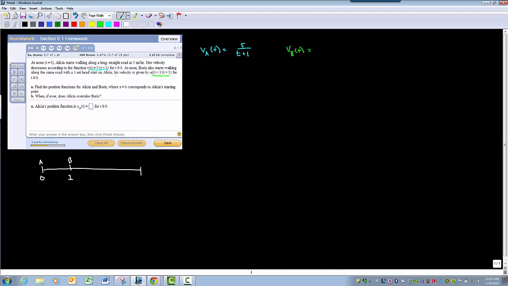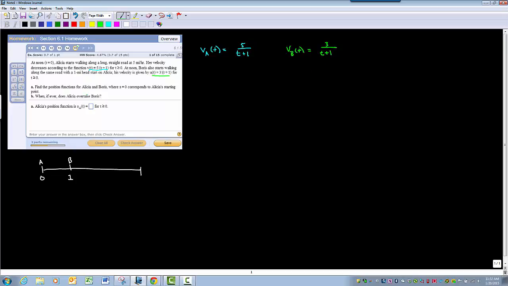Well, the reason is they didn't give this v a subscript of a. So if they used a v of t here again, you'd have v of t equaling 2 different functions, and that's just really sloppy problem solving. So we don't do that. But I'm good here because I put a subscript of b. So this would be 3 over t plus 1.